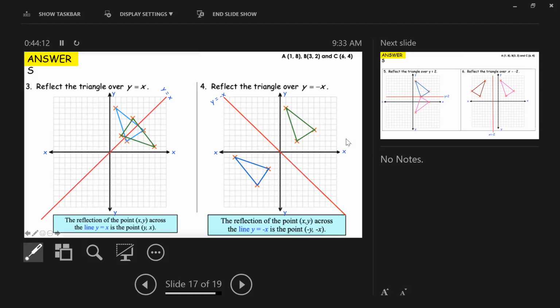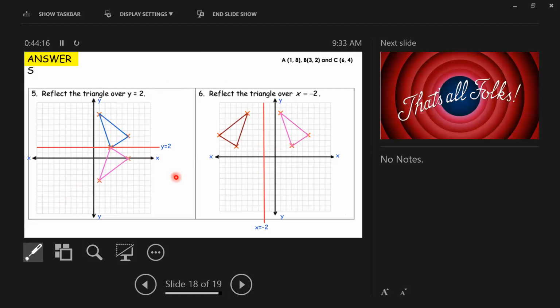Okay, guys, so it will be the same thing for this line here, where you have a line that is not the x-axis or the y-axis. You have any line, so they could have given you y equals 5. How do you get the line? Remember, if they tell you y equals 2, you look for 2 on the y-axis, and you draw a line through it.